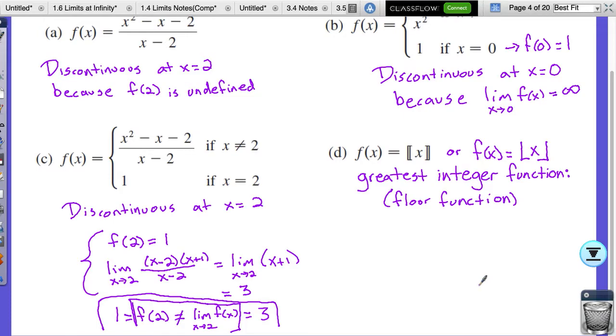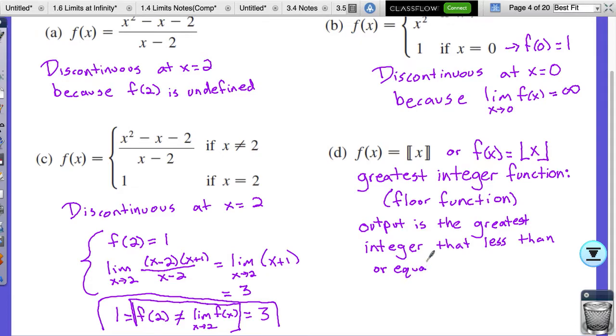What the greatest integer function does is, whatever number you plug in, the output is the greatest integer that is less than or equal to the input.